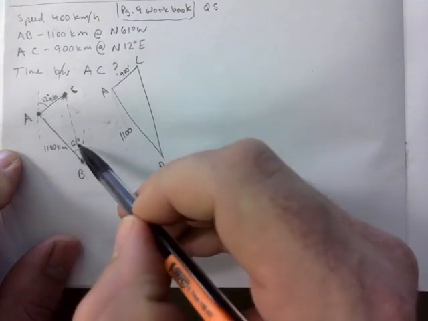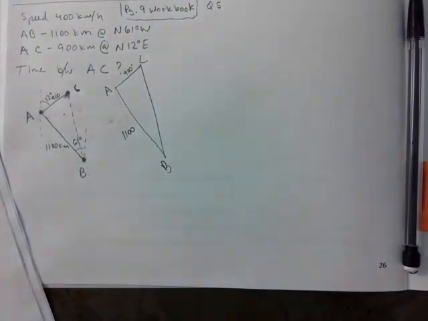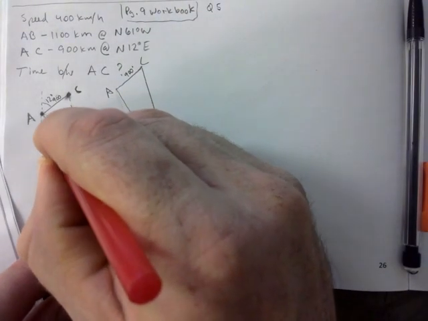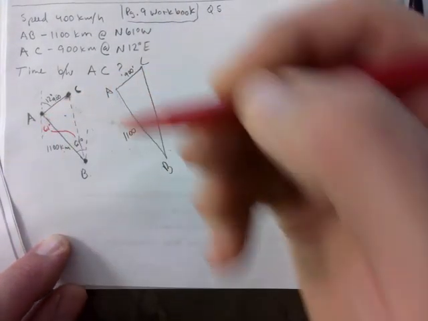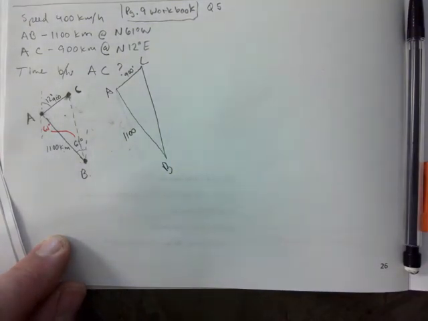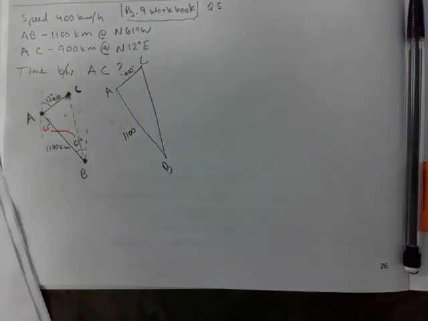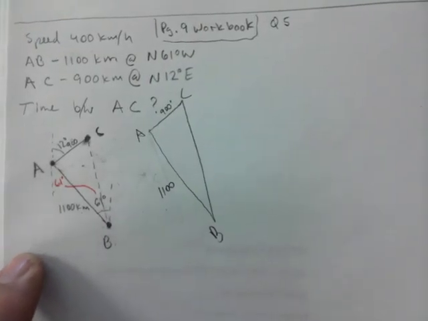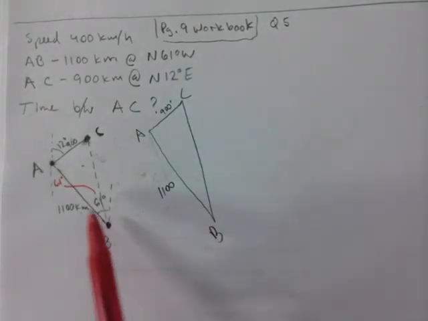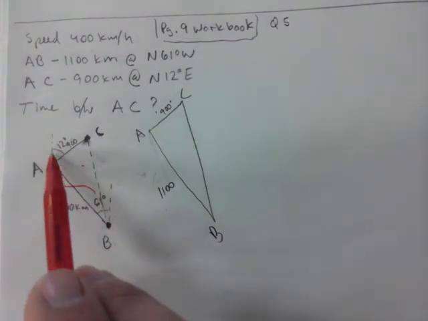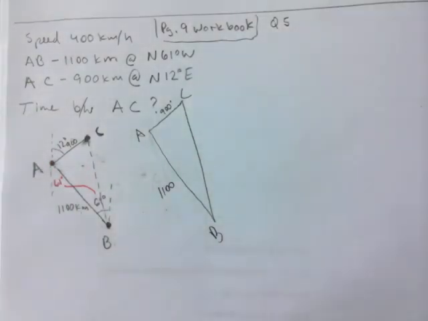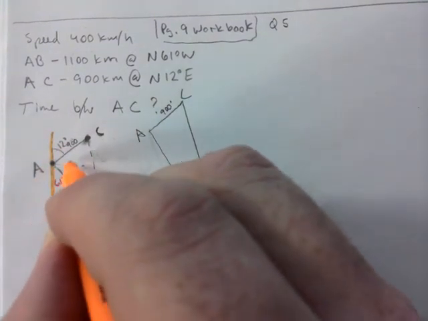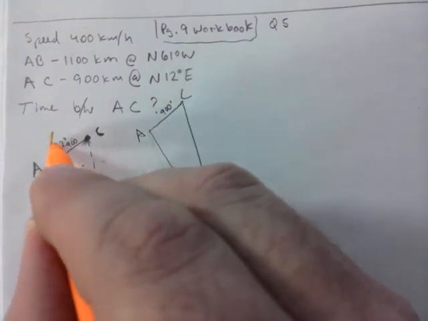So that 61, let me use a red pen here. So, right, that 61 comes in here. Something is going to happen with that, right? Let me zoom in a bit. The 61 comes in here. So now along this straight line back there, the dashed line, the north-south line, you have supplementary angles there.